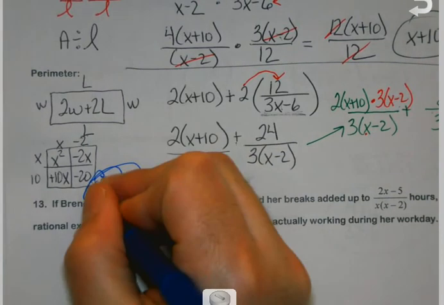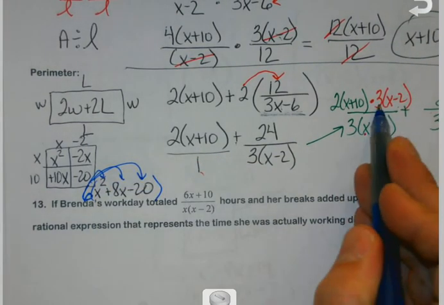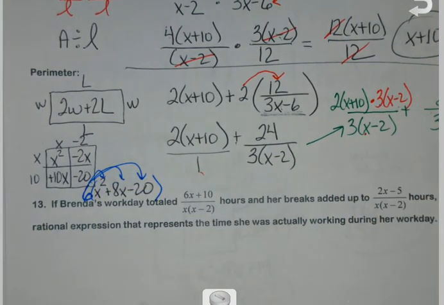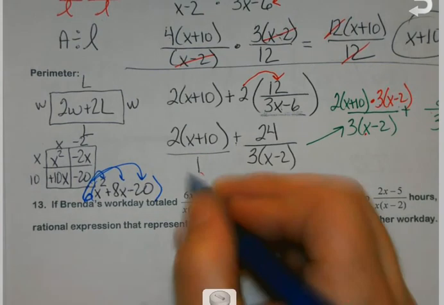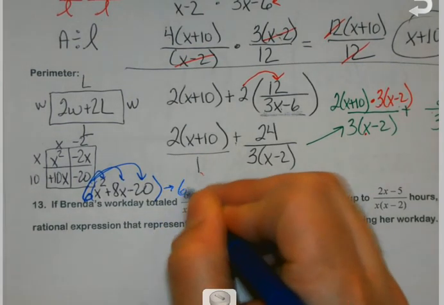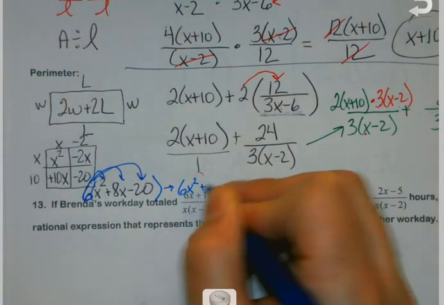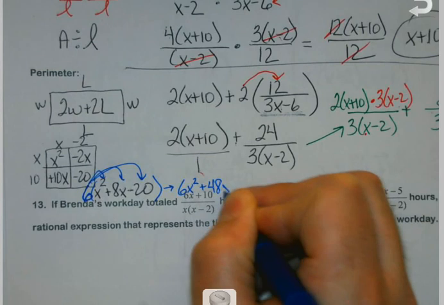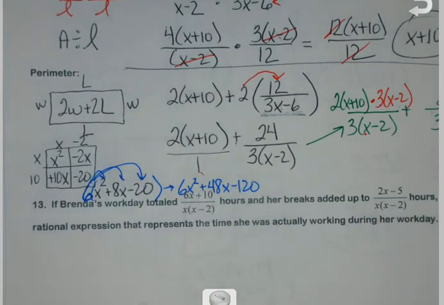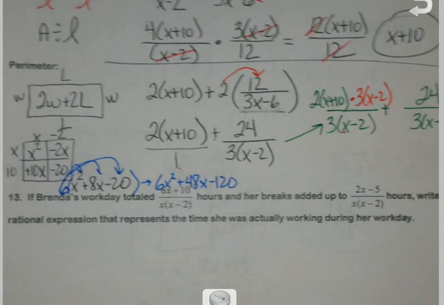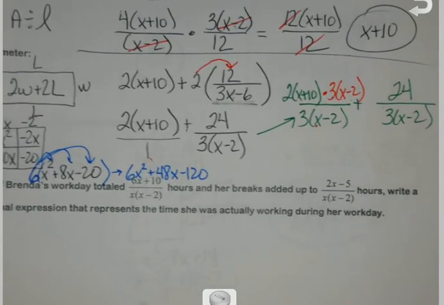Yes. 6 from doing 2 times 3 right here. So I look at that and I go, okay, so 6x squared plus 48x minus 120. I'm going to scooch this just a little so we can see that last fraction.